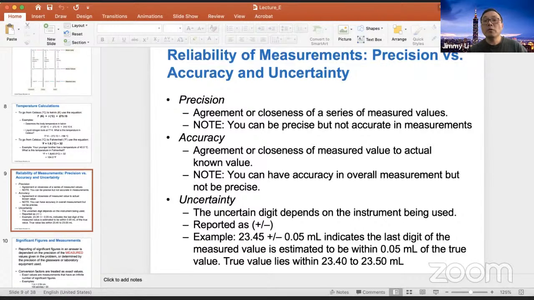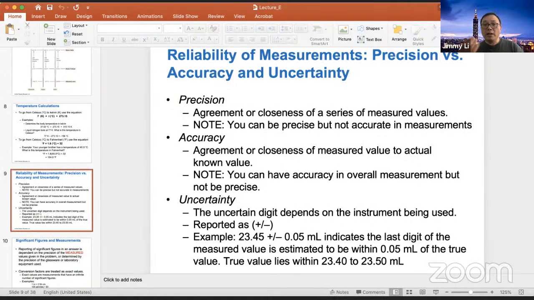Next, we're going to talk about precision and accuracy. I talked about precision and accuracy a few minutes ago. This is how you compare data points, and you reach a conclusion about precision. And once you compare your data points to the true value, then you reach the conclusion about accuracy.